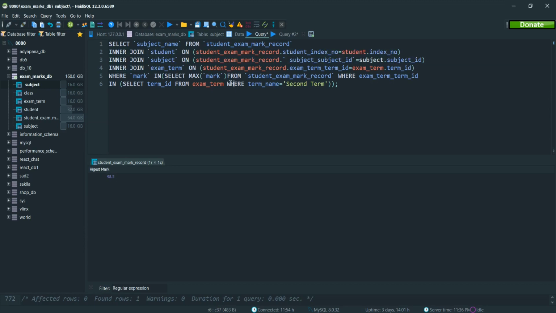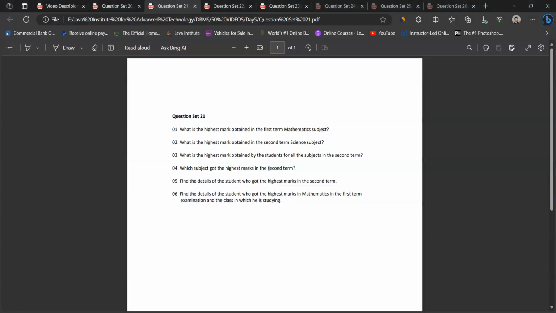Here I have used subquery to combine these two queries. I have used two subqueries here, in. So now let's execute and see. So Singular Language and Literature is the subject with the highest mark.